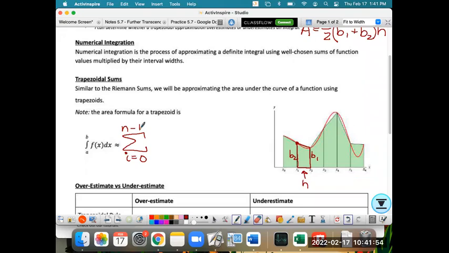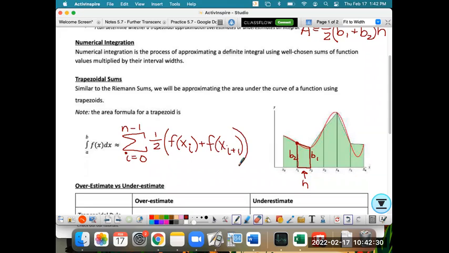And it will be 1/2 base 1 plus base 2, but in this case, we use the function values to get those. So it'll be f of x_i plus f of x_(i+1). So left endpoint of the interval plus the right endpoint of the interval, their outputs.